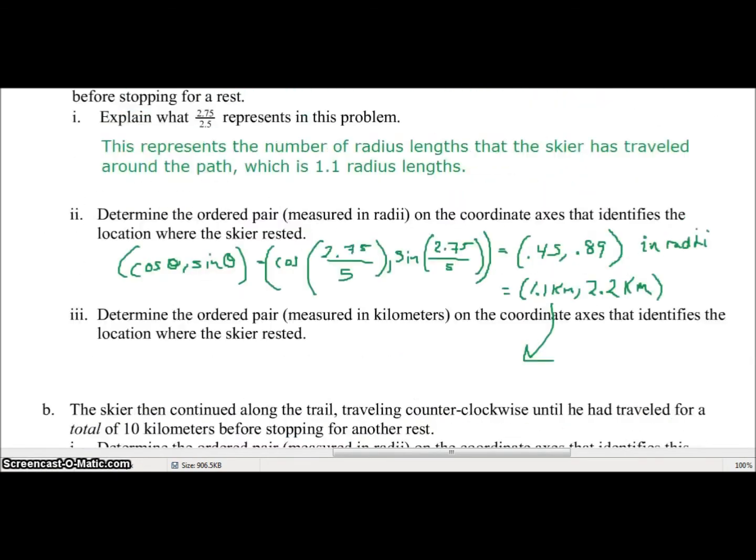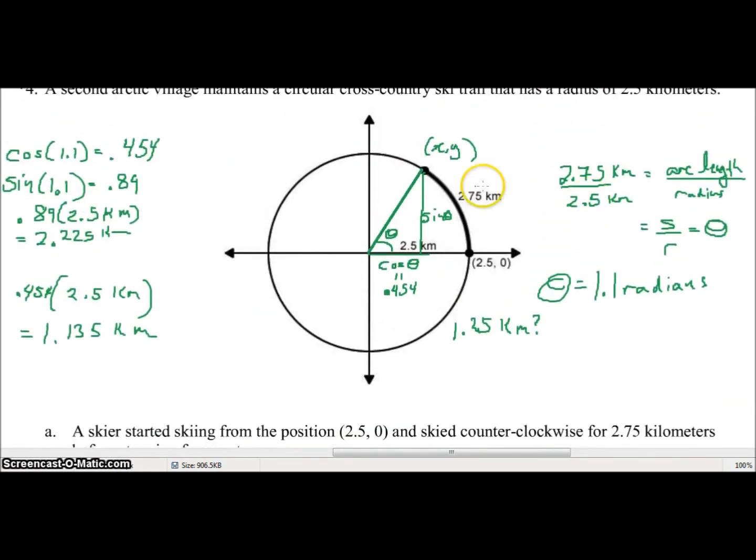So if we go 10 kilometers around, so 2.75, 5 somewhere around here. Let's see, we're 65% away this way, 75% this way. So let's see, probably somewhere about right here.